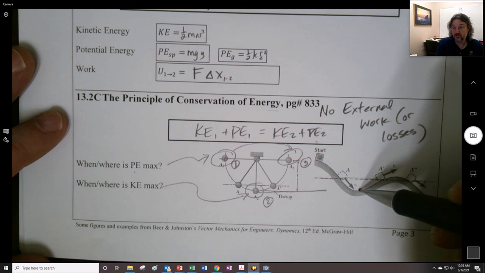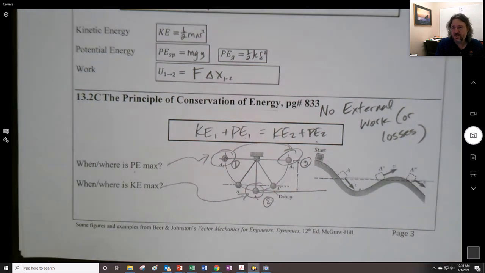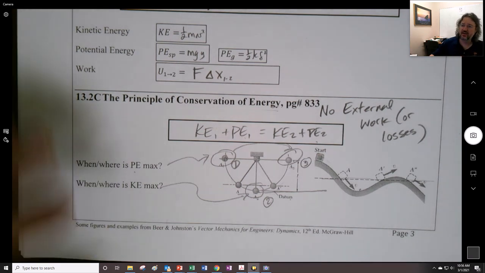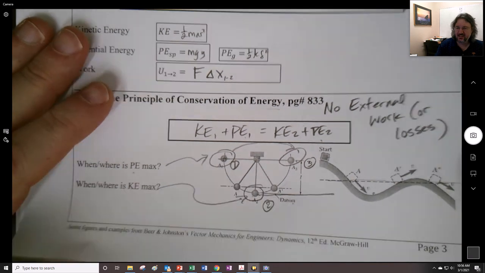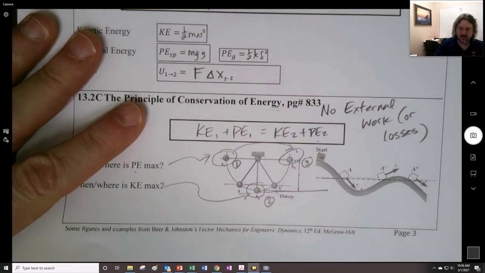So I like to find the lowest spot and state that as the potential energy. Or you might just want to reset it. Like you might go between states 1 and 2 and say, the next thing that I go to is actually going to be more useful. Okay, well, let's reset, and we say, well, now the new datum is going to be at a new spot. But I like to keep it as the lowest spot on there.